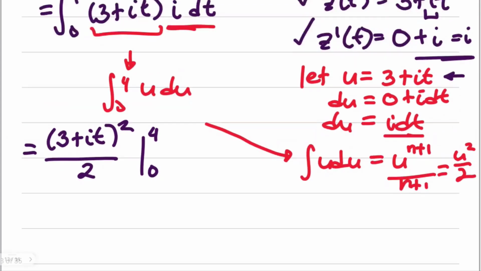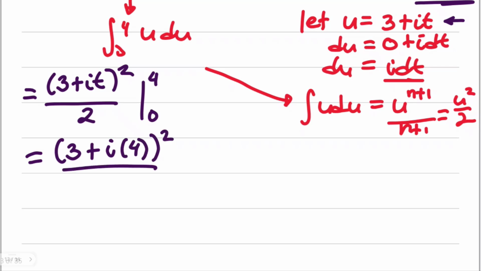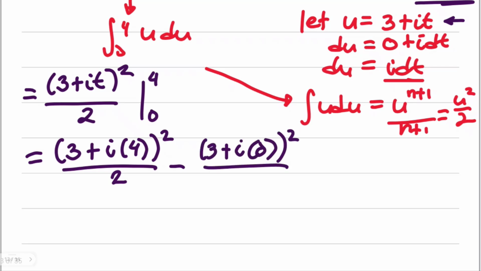Okay? If we're going to continue the process I mentioned earlier, I believe you will still get the same answer. You can try that on your own, but let me stick to this, as I'm going to have here the next answer. You have 3 plus i times 4, I'm going to square that over 2, minus 3 plus i times 0, you're going to square that over 2.